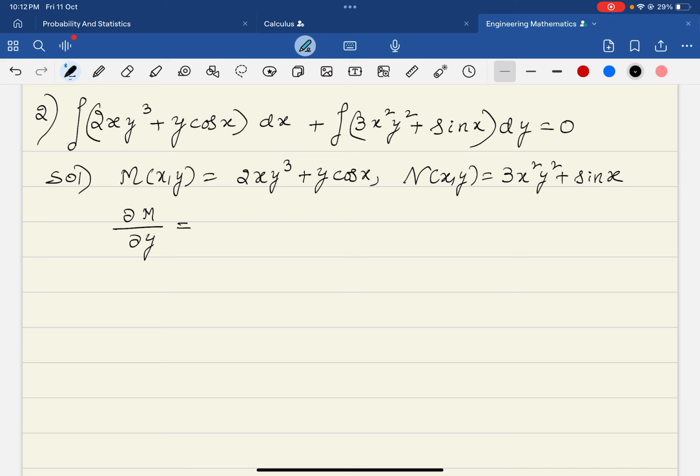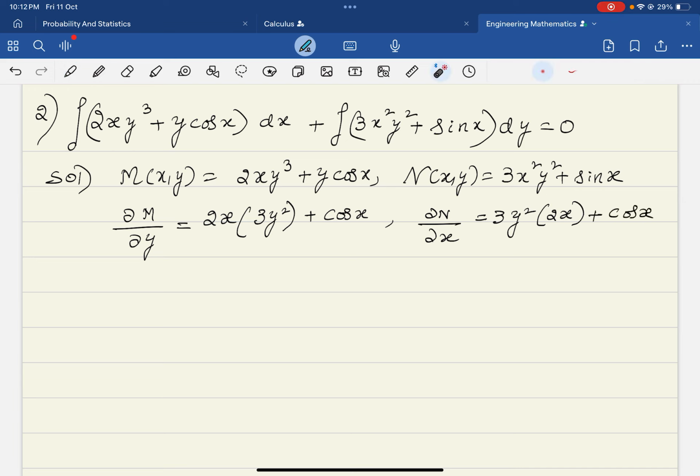With respect to y you are differentiating, so 2x is a constant, derivative of y cube is 3y square, plus derivative of y cosine x. Cosine x is a constant, derivative of y is 1. Next, dou N by dou x. Now the constant is 3y square, derivative of x square is 2x. Derivative of sin x is cosine x.